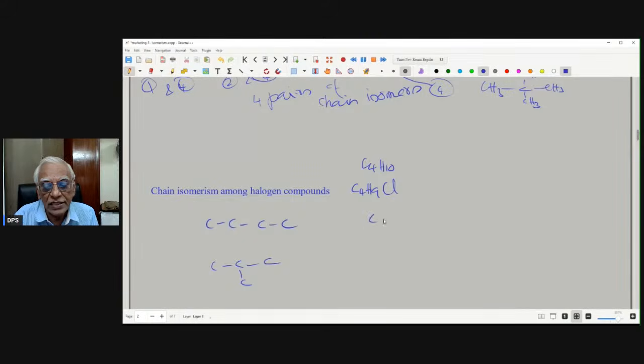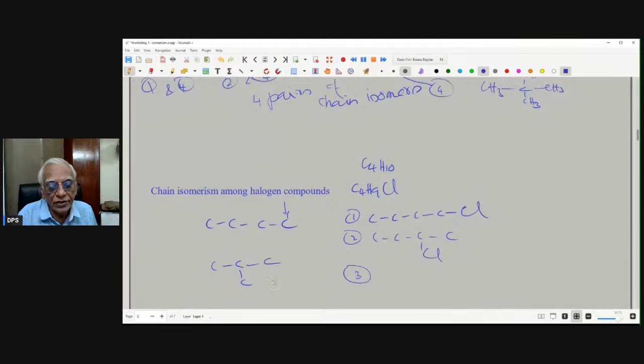Now in this case, I can have it on the first carbon atom, as I told you, or on the second carbon atom. Let me write only the carbon skeleton: carbon, carbon, carbon, and we have a chlorine.